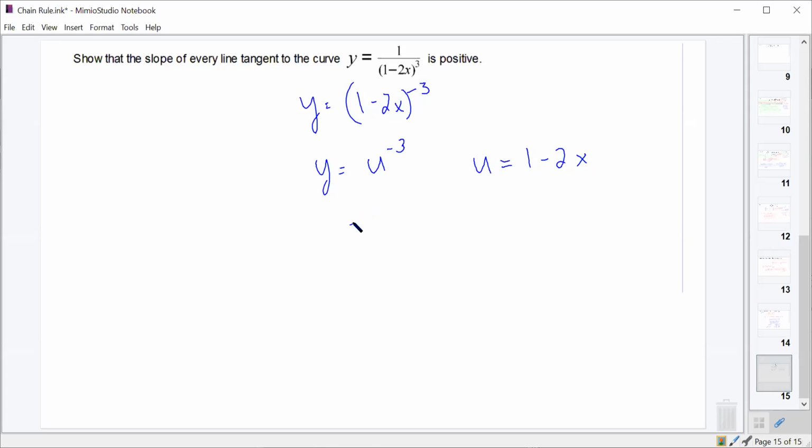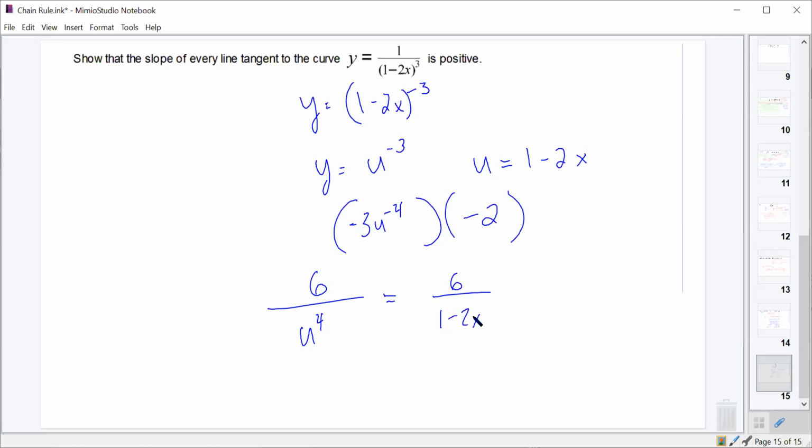Negative 3u to the negative 4. And the derivative of u with respect to x? Negative 2. Multiply those together, and you've got 6u to the negative 4, or 6 over u to the 4th, which gives you 6 over 1 minus 2x to the 4th.